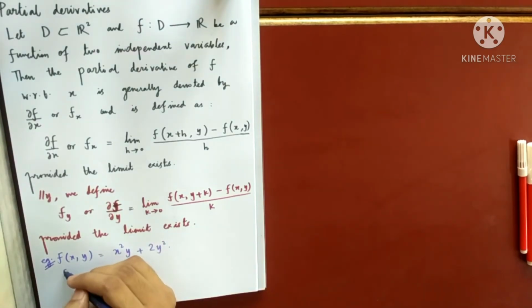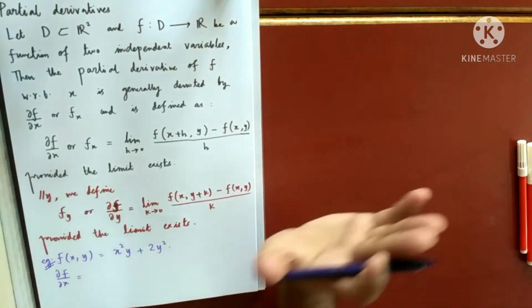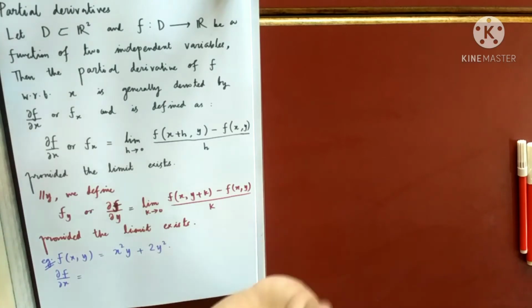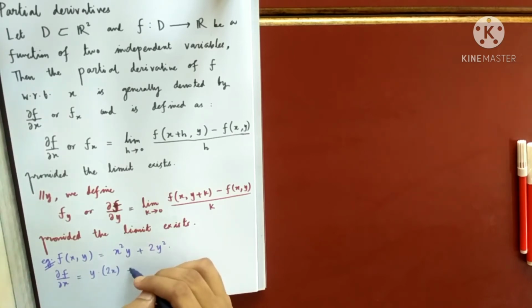If I ask you to find del f del x, either you can use the definition of limits, or in simple words, you treat y as constant, so y goes outside, the derivative of x square is 2x, and plus 2y square is constant, so its derivative is 0.